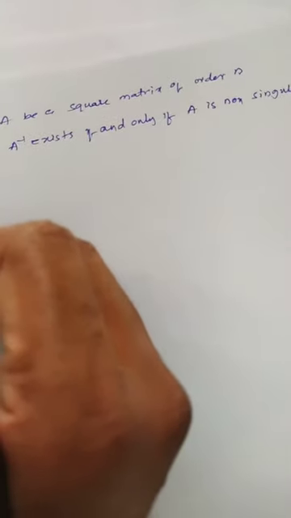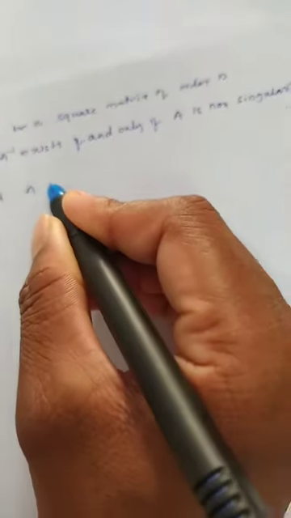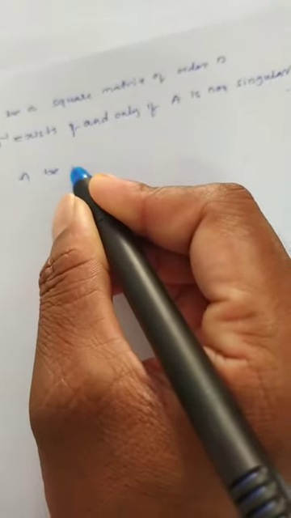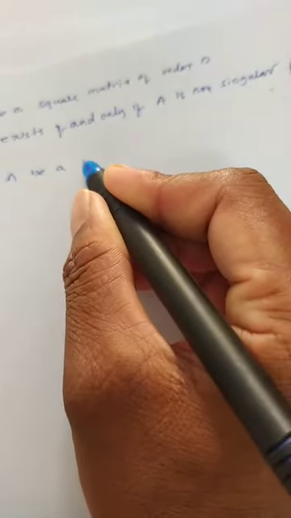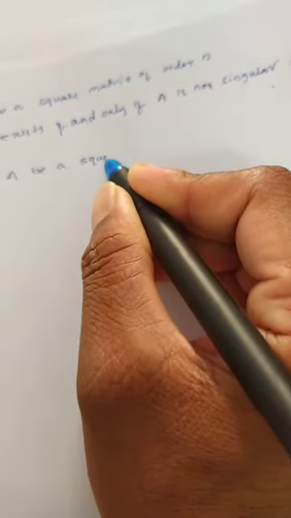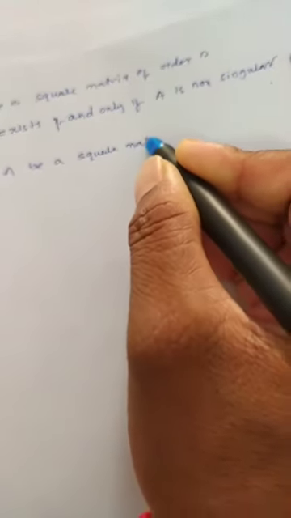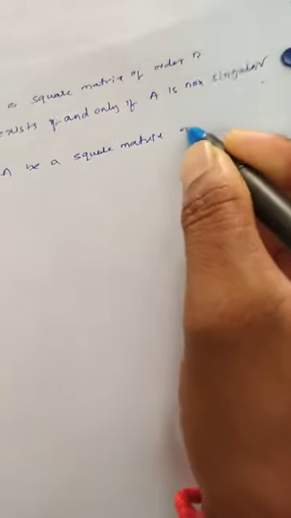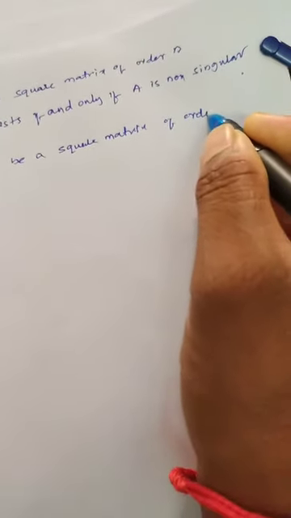So first case I am taking. In the proof, let A be a square matrix of order n.